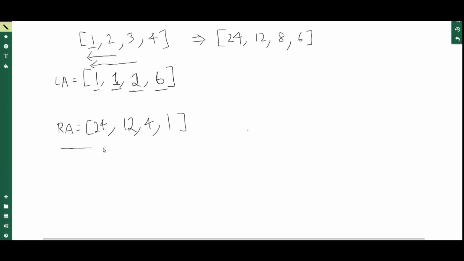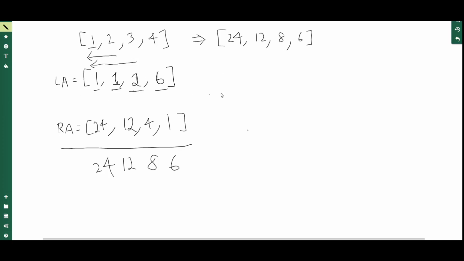Once we have these two arrays, all we have to do is multiply them element-wise. 6, 4 times 2 would be 8, 12 times 1 would be 12, 24 times 1 would be 24. And as you can see, this would be the output.